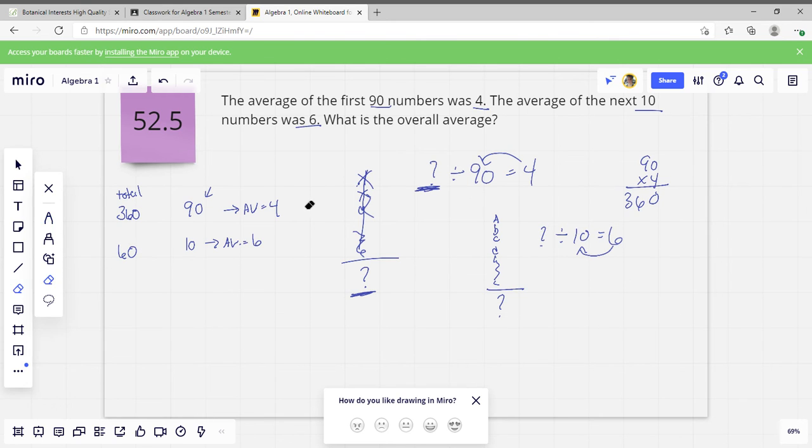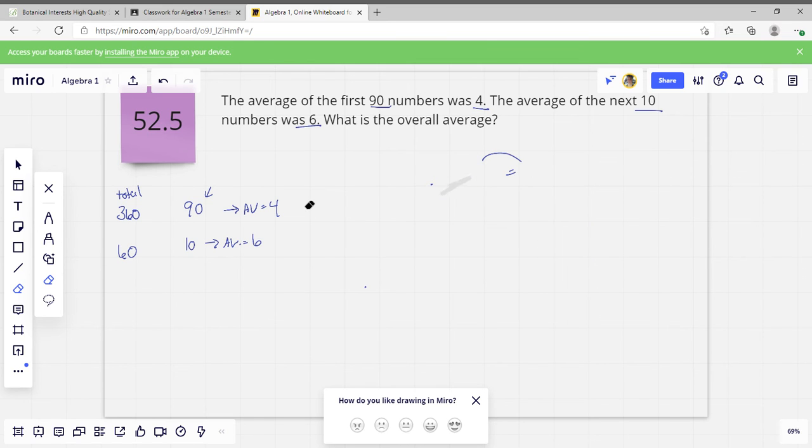All right, now what we're going to do is add all that together, and we'll know what the total of all of the numbers was. Okay, so the total of the first 90 numbers is 360. The total of the next 10 numbers is 60, so we're going to add those two together.